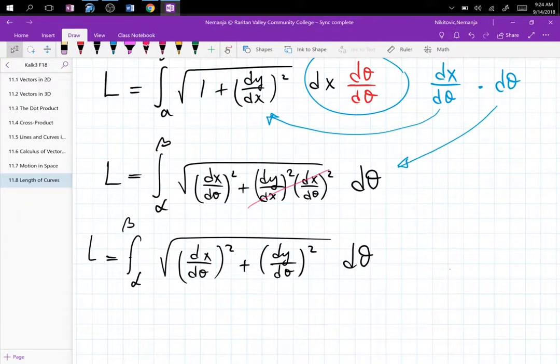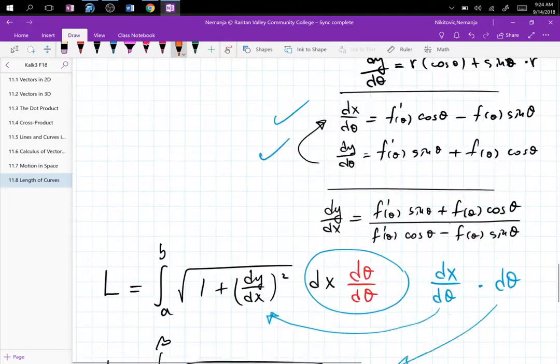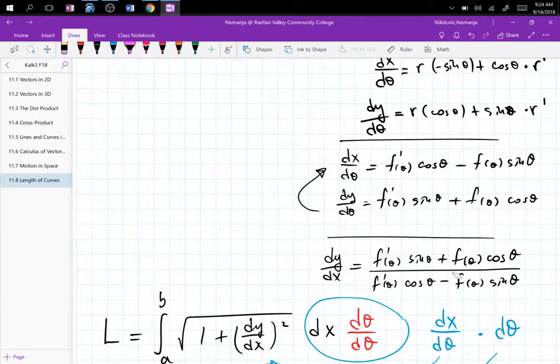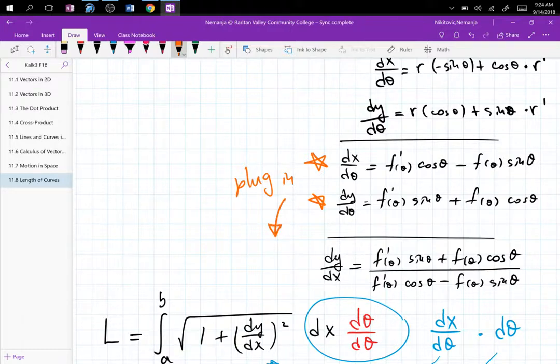I'm going to put, let's go with orange stars over here, and I'm going to put orange stars over here and say plug in, and point the arrow down.